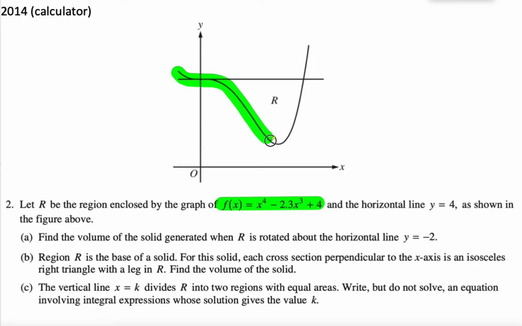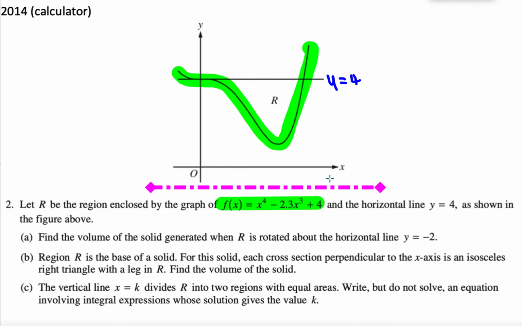It goes down all the way, and the horizontal line must be y equals 4. Find the volume of the solid generated when R is rotated about the line y equals -2. Where is that line? It would have been down below.